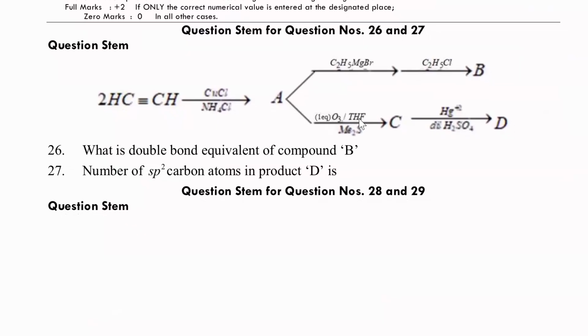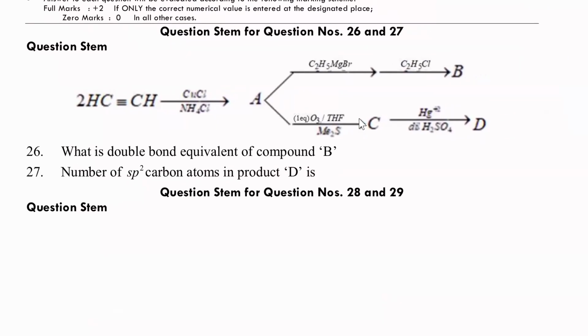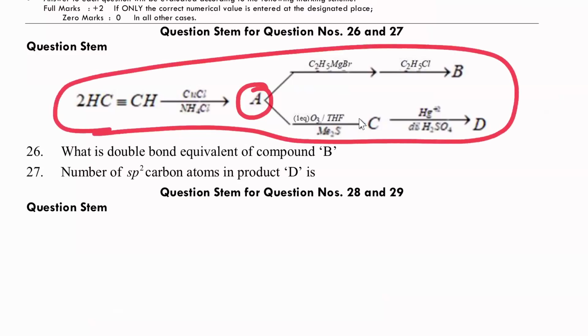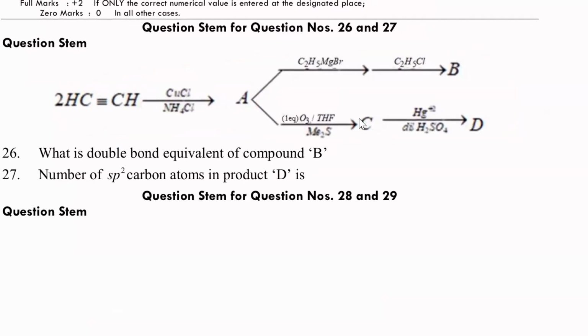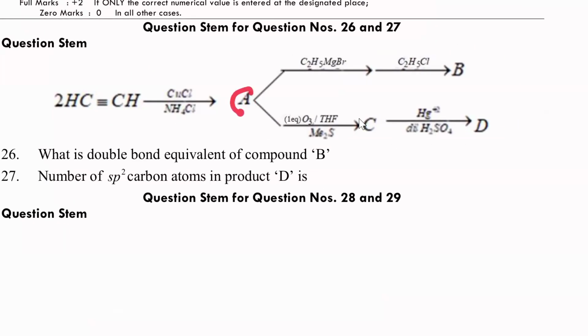Next, what is this reaction? Just the other day I explained the same question to you. I remember in the class I explained a very similar question. So what is the A form? I told you it will form a dimer in a neutral medium.